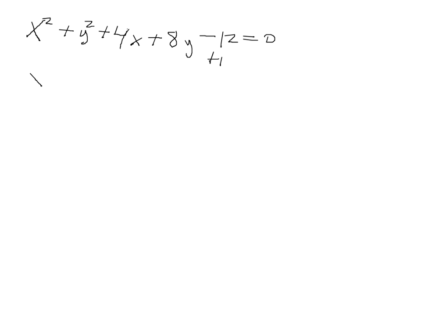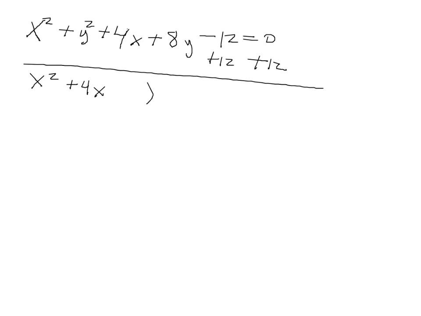We move this 12 to the other side, and we get the x's together and the y's together. So this is x squared plus 4x plus y squared plus 8y equals 12.